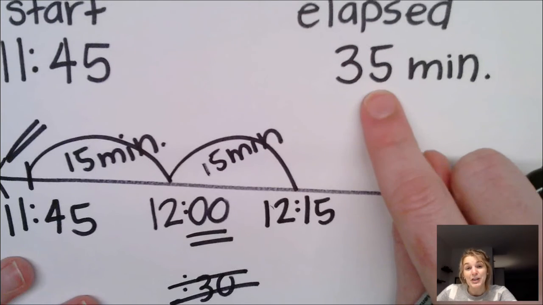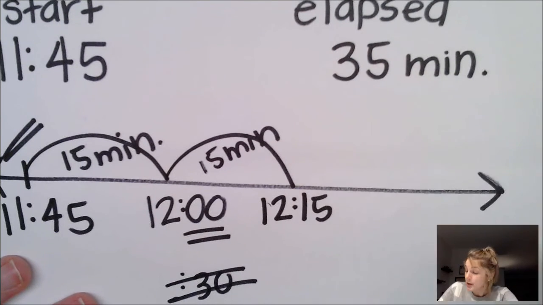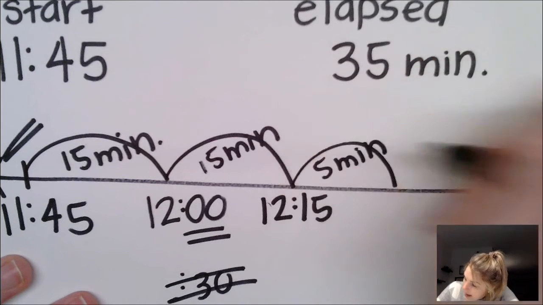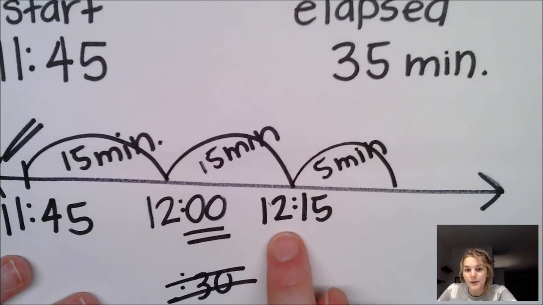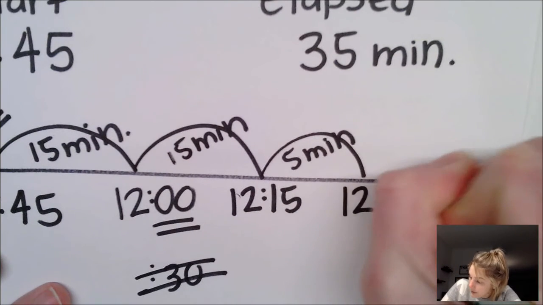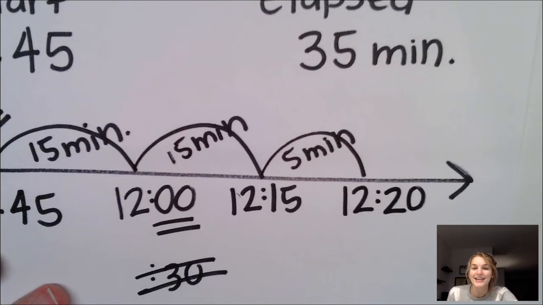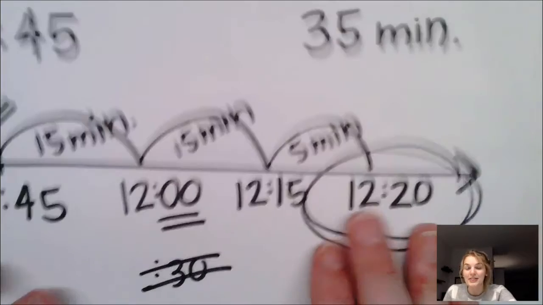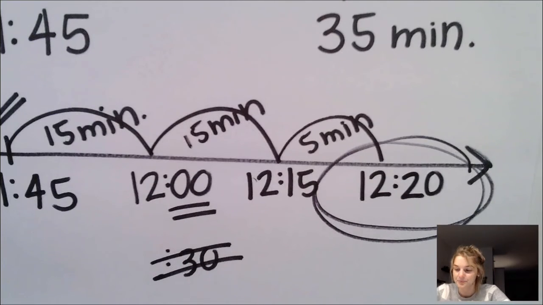But I need to get to 35 minutes, so I'm going to go 5 more minutes. And let's see, 12:15 plus 5 more minutes would get me to 12:20. So that means lunch would end at 12:20. That would be our end time.